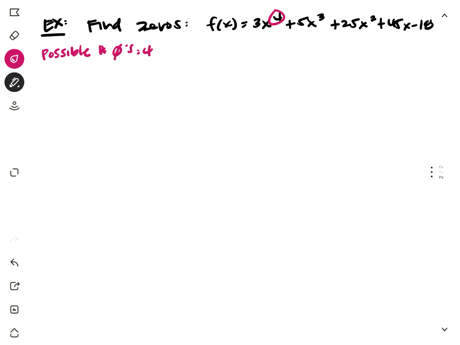Because we're doing the graphing, maybe it's not necessary for us to do it that way, but you can do it. If not, then we can skip that step. So let me write this down so we can go ahead and graph it: 3x to the 4th plus 5x cubed plus 25x squared plus 45x minus 18.